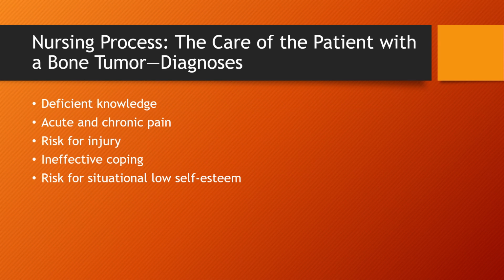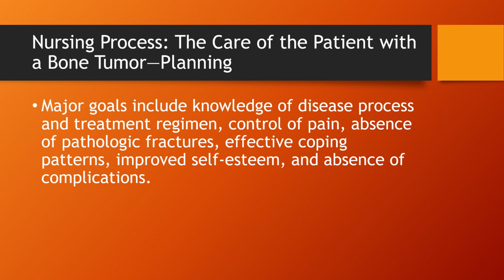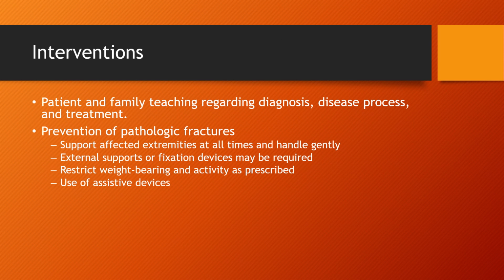So we've talked about the diagnoses. I don't think there's anything different with this patient, a new one here. And the goals pretty much are the same as well. So good patient teaching about their diagnosis, the process of the disease and its treatment, and then prevention of pathologic fractures.